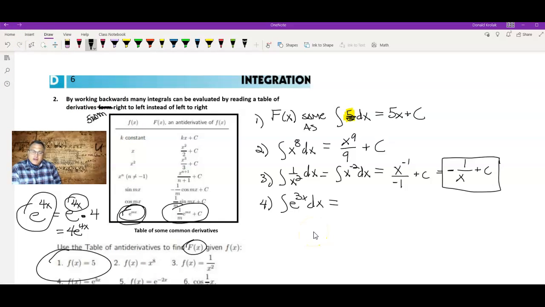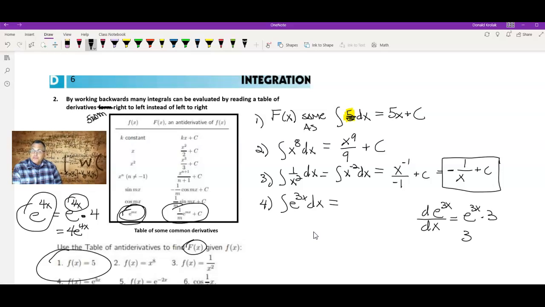All right, so I'm thinking what function would have e to the 3x as its derivative? Well, e's are their own derivative. So I know I'm going to start with e to the 3x. If I did the derivative of that, I would get e to the 3x times 3.